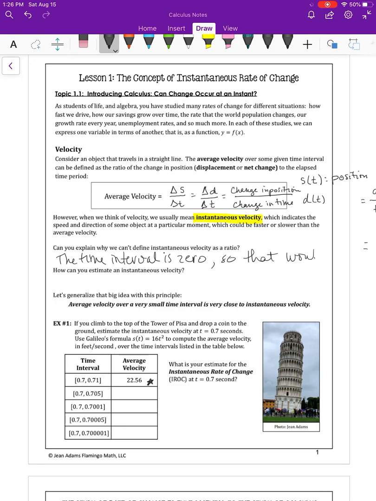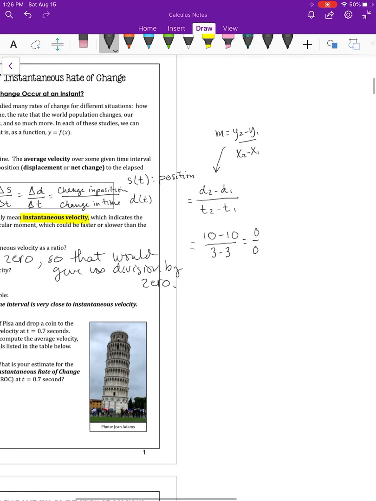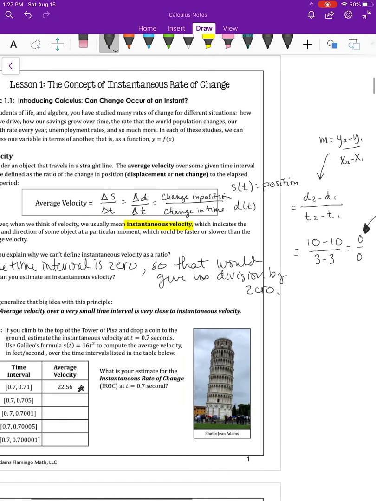So that would give us division by 0, which we know in mathematics is not good, okay? Later on, we'll see how 0 divided by 0 is something that is a different situation. But we'll talk about that coming up.